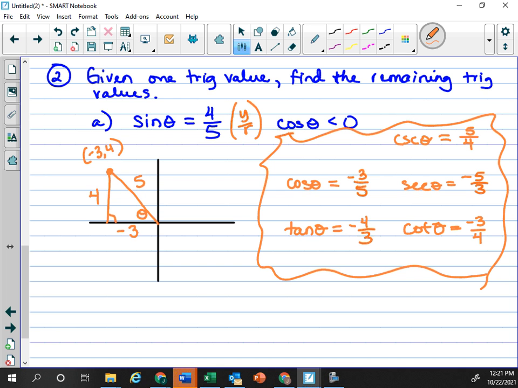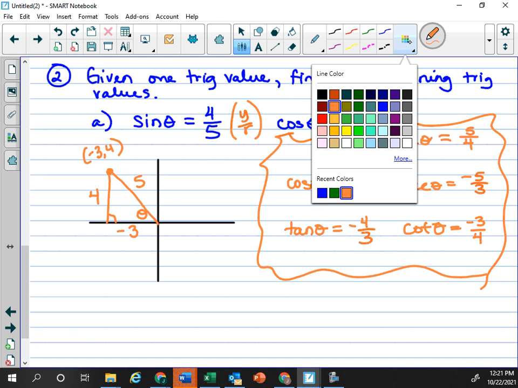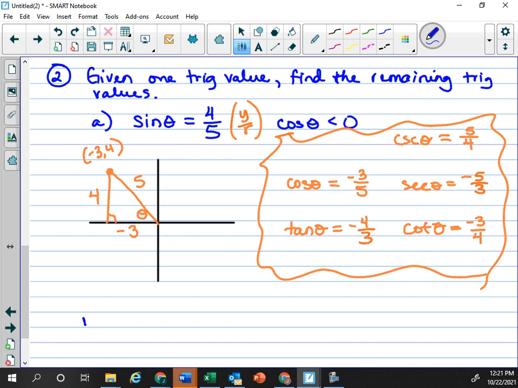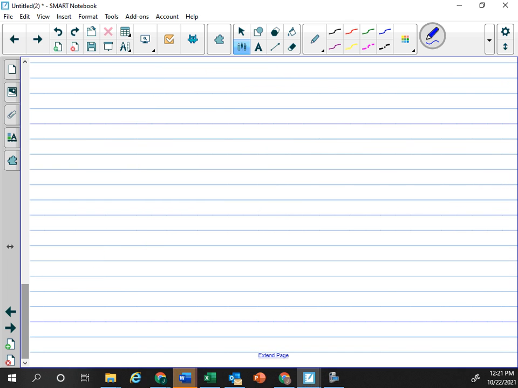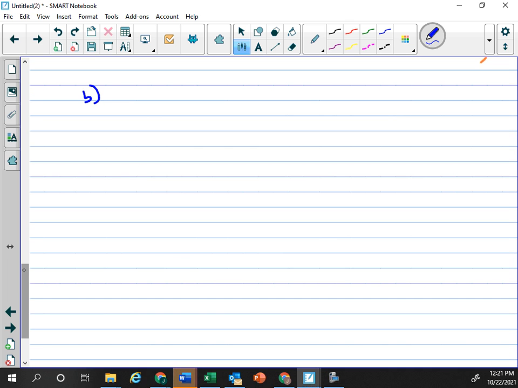Okay. We're going to practice more, so you get another shot here. Let's try again. All right, this time I'll tell you secant of theta is negative 13 over 12. And tangent of theta is greater than 0.